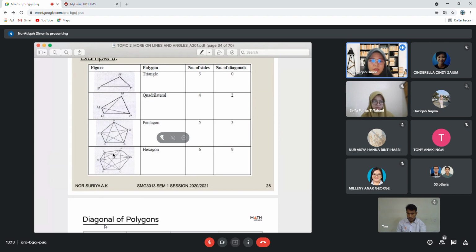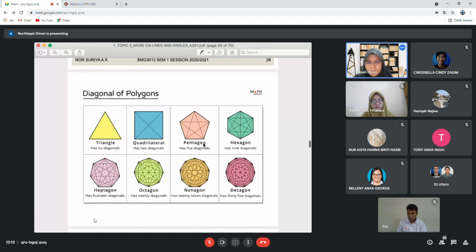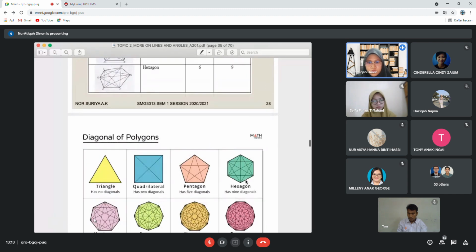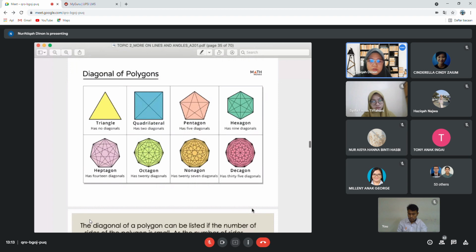For hexagon, we have 6 sides and 9 diagonals. You can see here we show up until hexagon. From heptagon, they have 14 diagonals, octagon 20 diagonals, nonagon 27 diagonals, and decagon 35 diagonals.